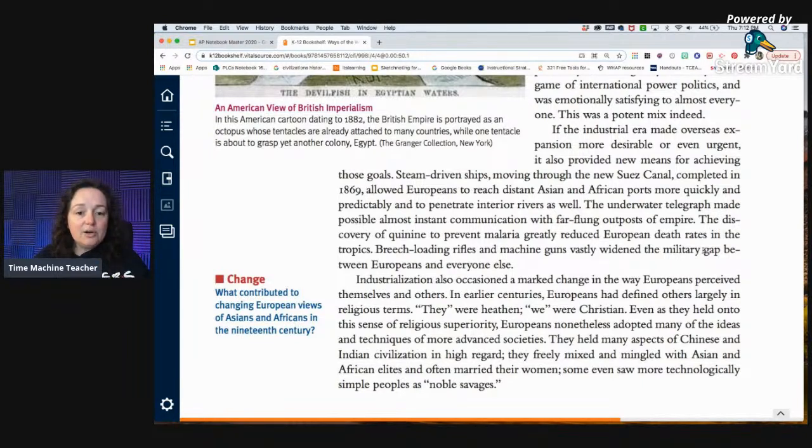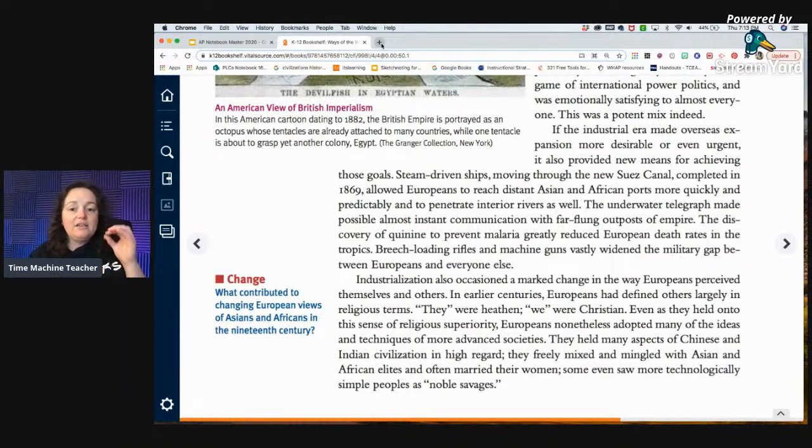The underwater telegraph made possible almost instant communication with far-flung outposts of the empire. The discovery of quinine to prevent malaria greatly reduced European deaths in the tropics, and breech-loading rifles and machine guns vastly widened the military gap between Europeans and everyone else.